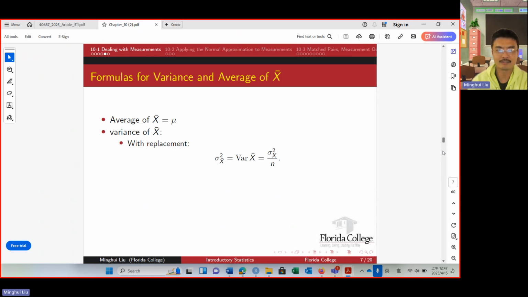In that case, the variance of x bar is equal to sigma squared, the standard deviation squared, divided by the sample size, n. And if you want to do it without replacement, we have a similar first term, but now we multiply it by our improvement factor, which is big N minus small n over big N minus 1. If you still remember a similar formula from the previous chapter, you see this factor is exactly the same.